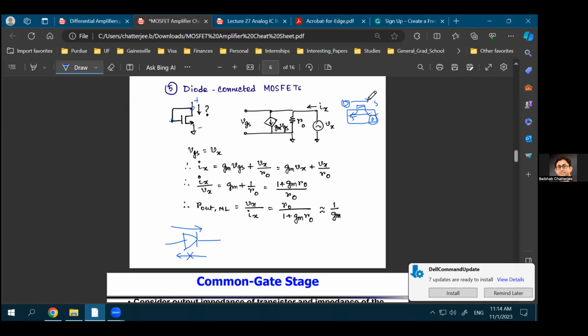So for any transistor, the drain and source terminals are reversible. For an NMOS transistor, whichever terminal has the higher potential becomes the drain. For PMOS, it will be the reverse: whichever terminal has the higher potential will become the source, because for PMOS, current flows from source to drain. And you always know that current flows from higher potential to lower potential.